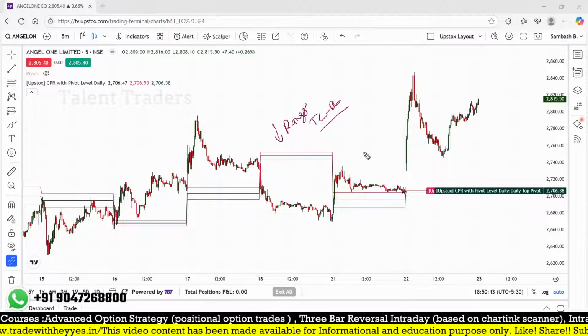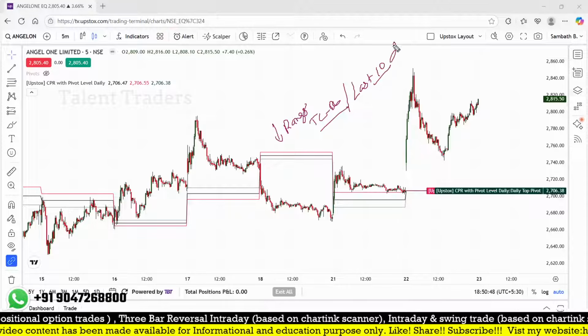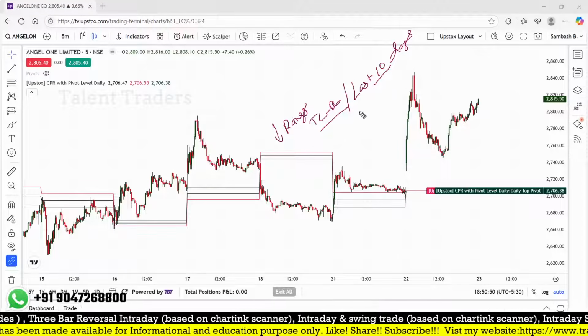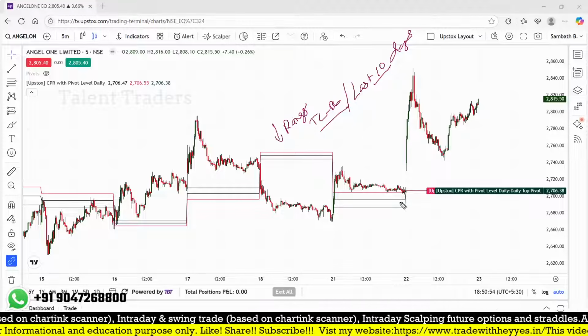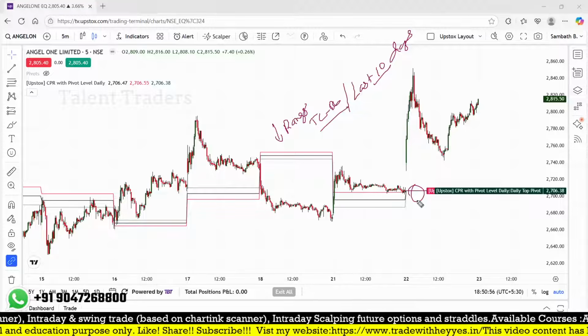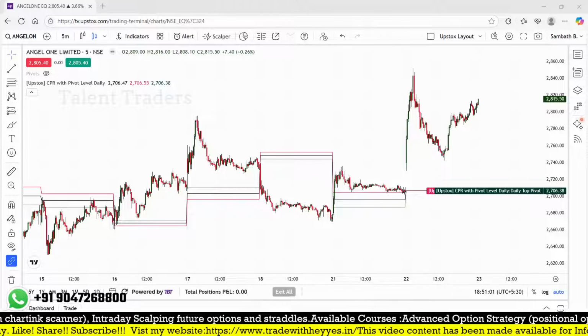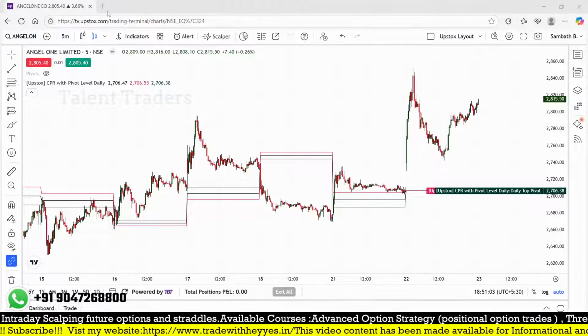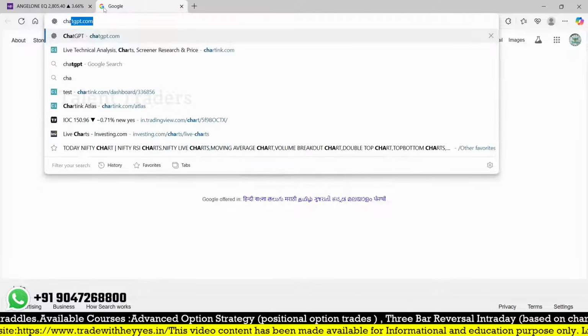We calculate the range for the last 10 days, take the average range, and also calculate today's level. This custom indicator is not available by default in charting, so we have to create it manually. After that we use it in charting.